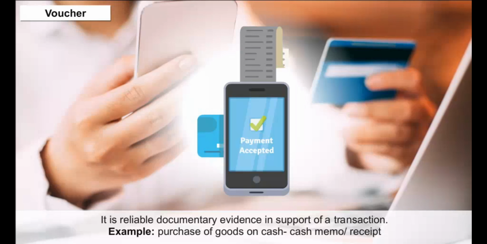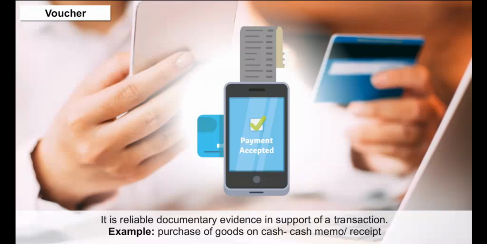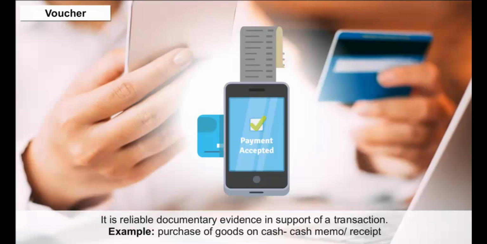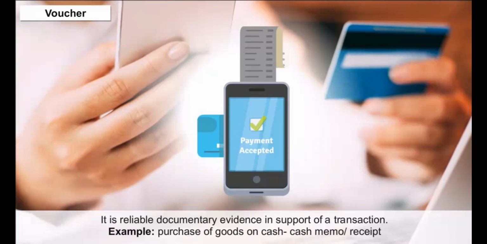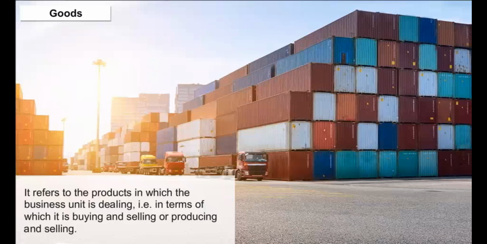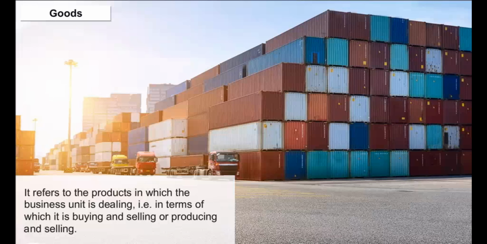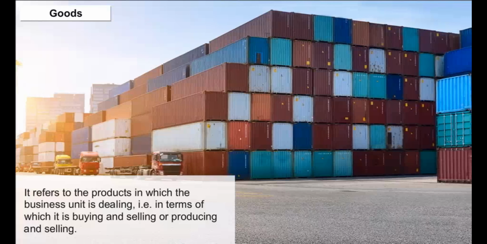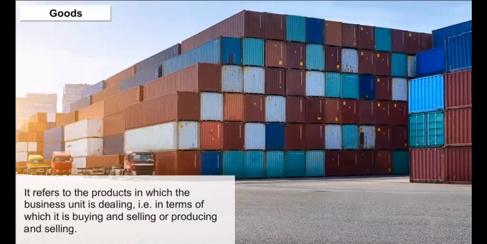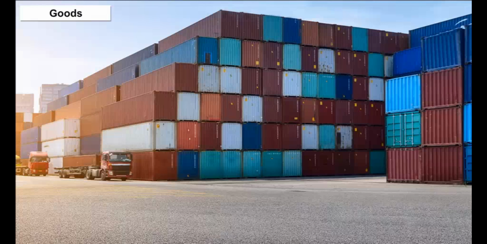It is reliable documentary evidence in support of a transaction. Example, purchase of goods on cash, cash memo or receipt. Goods. It refers to the products in which the business unit is dealing, that is, in terms of which it is buying and selling or producing and selling.